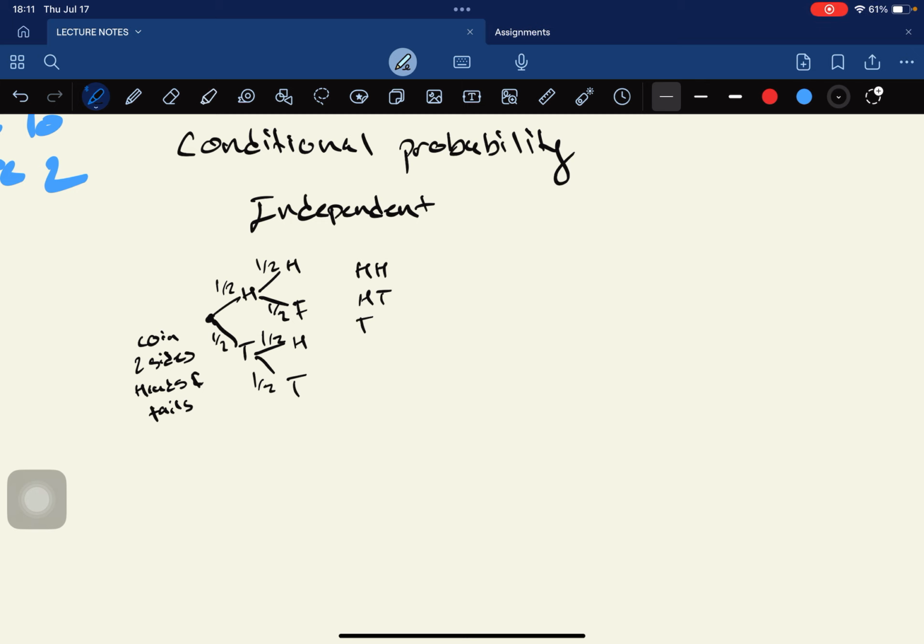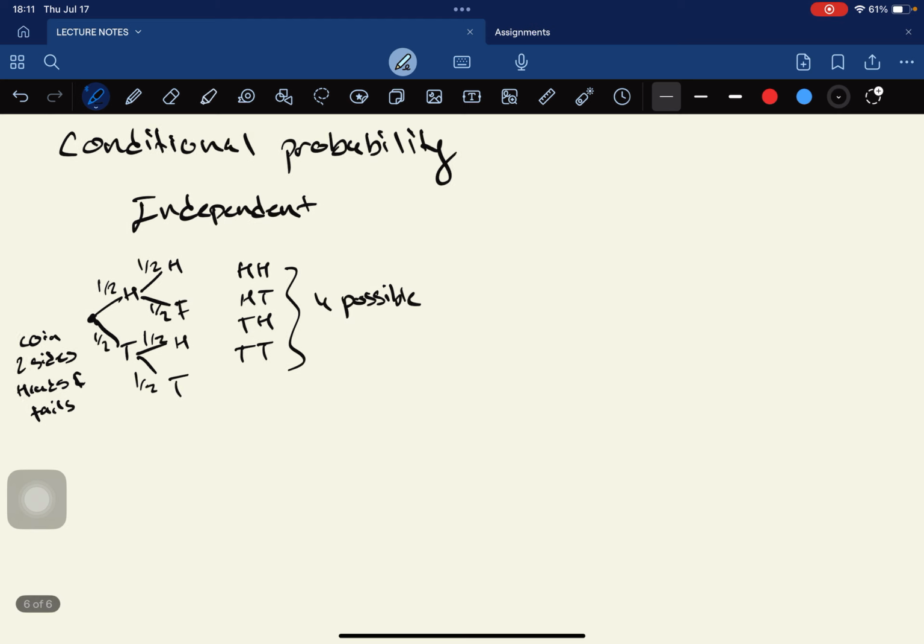You get the point. And then tails, tails. You see this, so there are four possible outcomes. And we call this independent probability, like independent conditional probability, right?